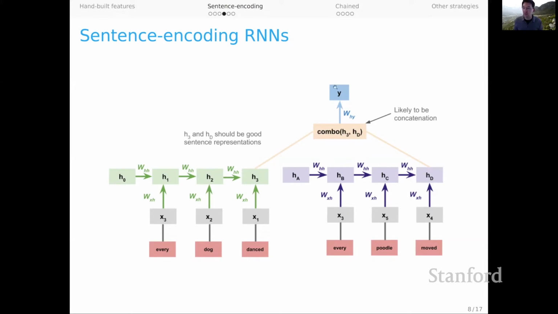And that would be the input to the final classifier layer or layers that actually learn the NLI problem. So it's a sentence encoding approach in the sense that H3 and HD are taken to be kind of separate summary representations of the premise and hypothesis respectively. And we have a vision that those representations might be independently useful even outside of the NLI context.